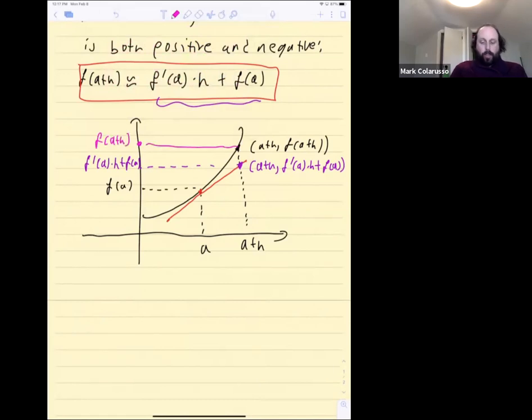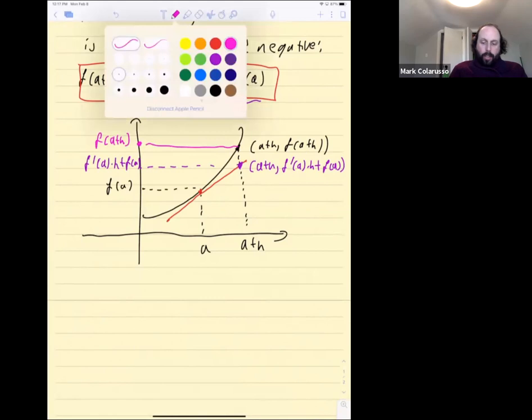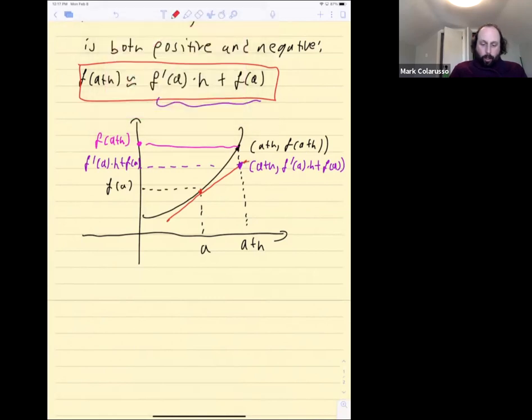You can imagine that as the curve keeps bending upwards and the tangent line goes on its merry way, as you go further and further out, the tangent line values will diverge substantially from the function values. And this will become basically a useless approximation. But so long as h is small, this is okay.